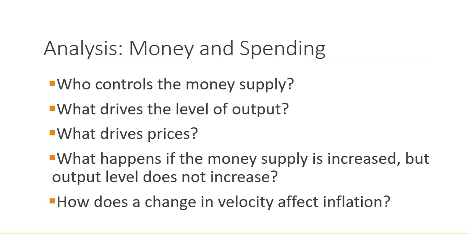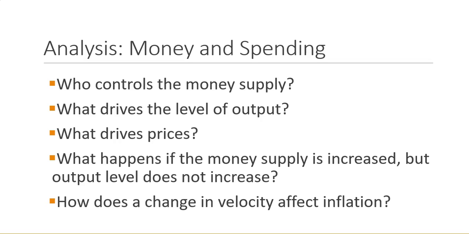Third, what drives prices? In the last example, we calculated the price increase based on some givens. Is that always the way prices work, or could we simply be given a price increase and use that to calculate one of the other variables? Fourth, what happens if the money supply is increased but output level does not increase? So here we have some information about two variables of the four.